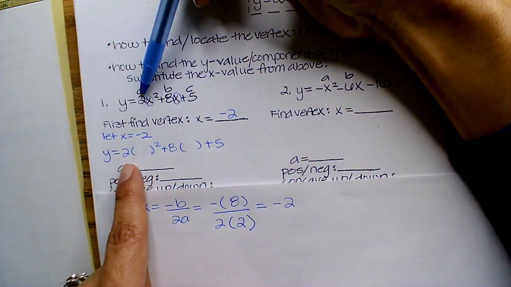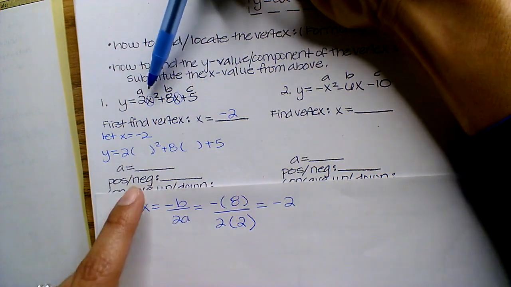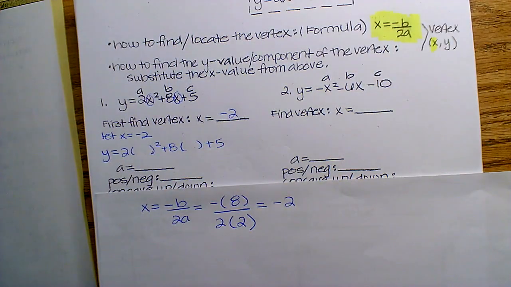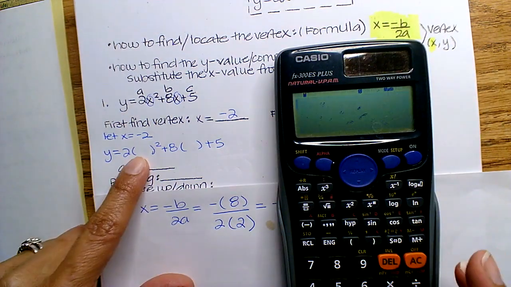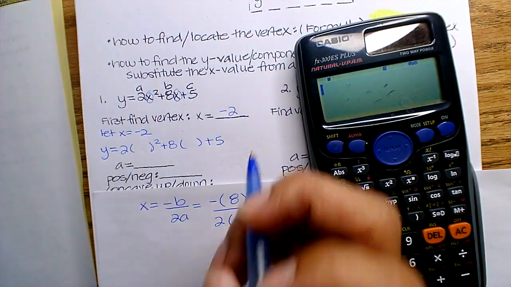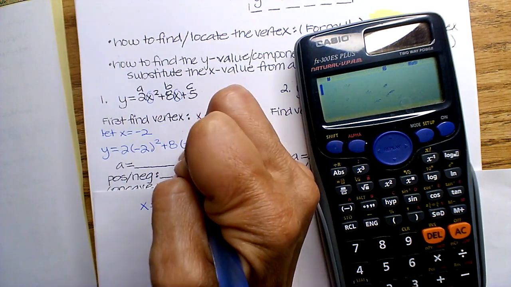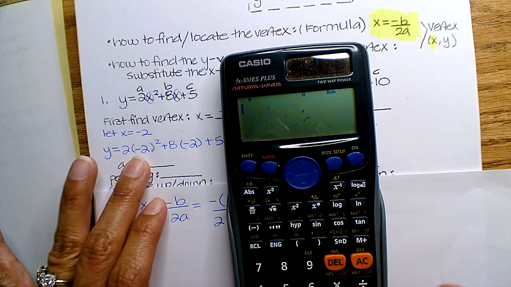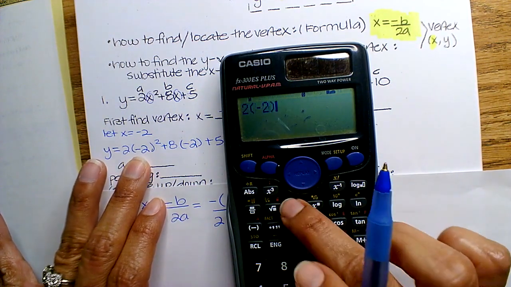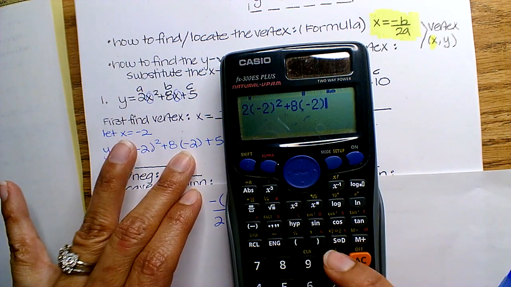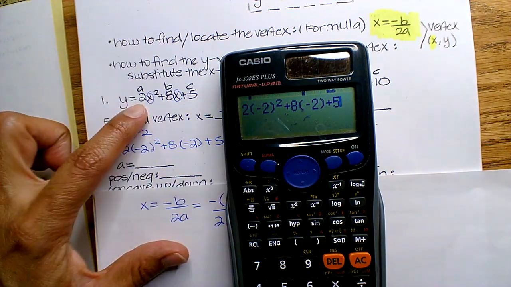So it's exactly this equation, except instead of x's, I'm going to type a -2. So far, so good? So you get 2 times -2 squared plus 8 times -2 plus 5. Did I do that right?